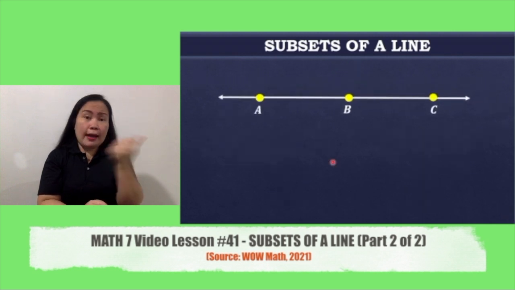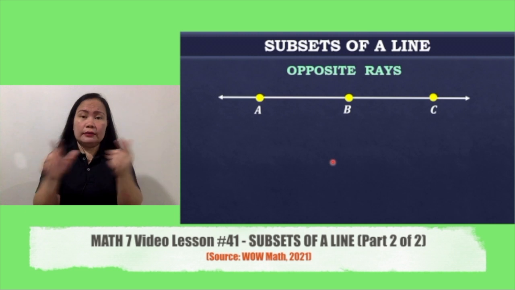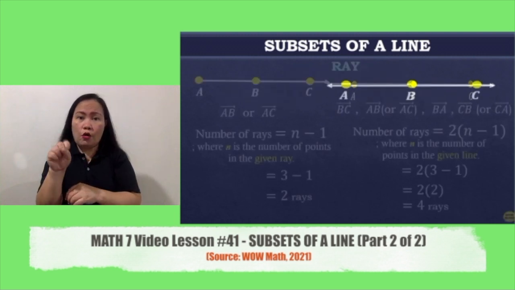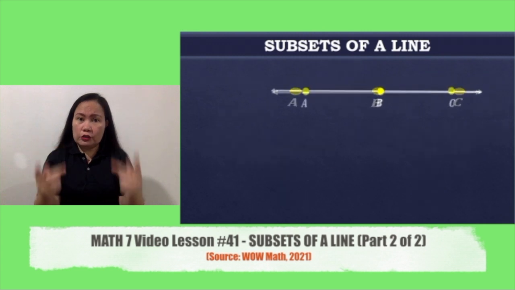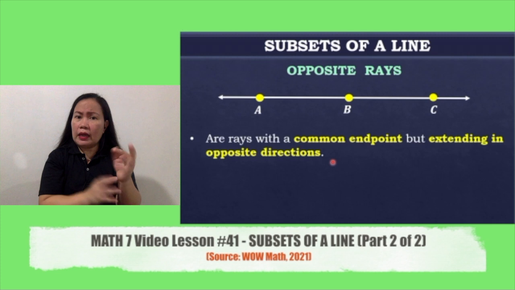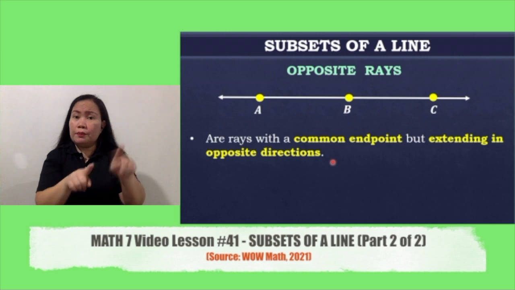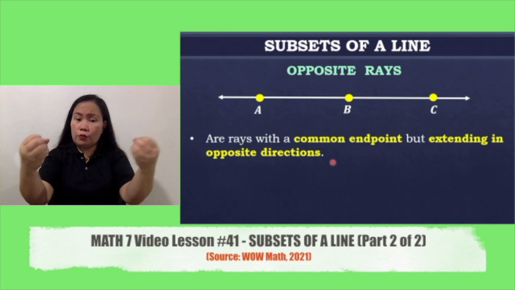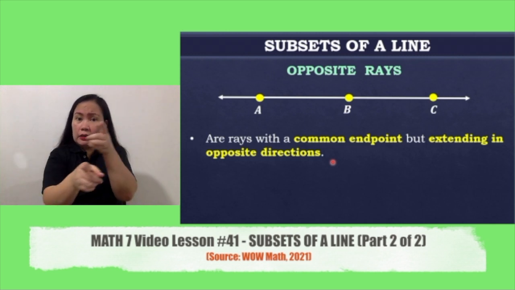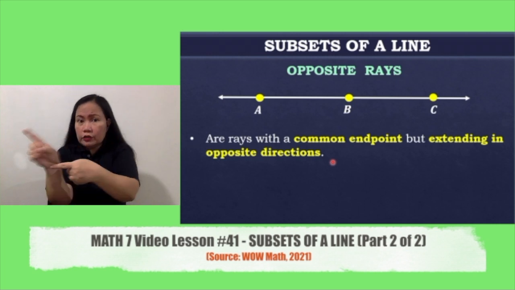Okay. So, from here, isa pa sa mga subsets ng line ay yung tinatawag nating opposite rays. So, as you can see, galing siya sa rays. Okay? Galing siya doon. So, opposite rays. Ano nga ba ito? So, these are rays with a common endpoint but extending in opposite direction. So, pag sinabi nating rays, meron siyang common endpoint na kung saan nag-extend siya sa parehong direction.